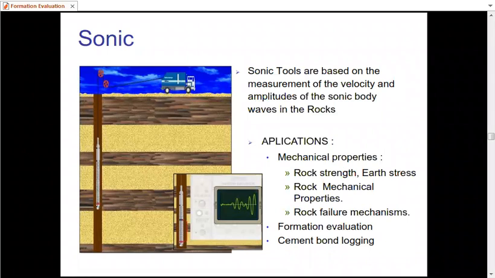It has a great application in our industry, as it can evaluate and detect mechanical properties such as rock strength, earth stress, and rock failure mechanisms. It also has a wide application in formation evaluation and cement bond logging.